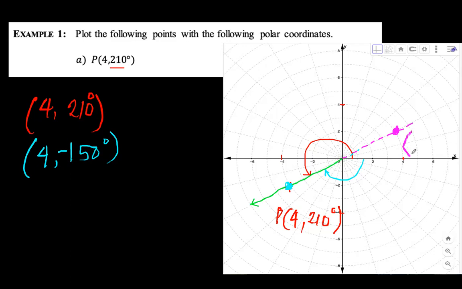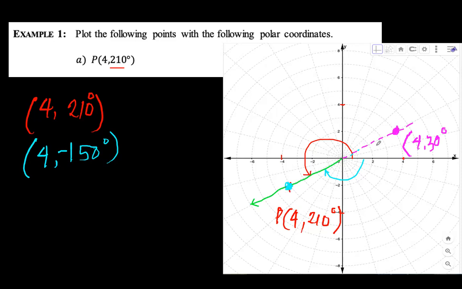And the point here is what? This is equal to 4, and the angle measure is 30 degrees. Correct? However, we're not talking about this point. We are talking about this point. So what do we do in order to transfer this point here?